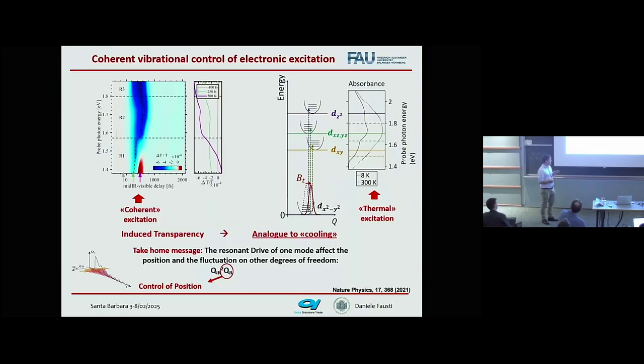very much in analogy with a similar coupling term, of the kind Q squared, where by driving a dipole excitation, I change the amount of excitations, or the amount of fluctuations, I introduce into the relevant degrees of freedom. And I want to make two points with this slide.